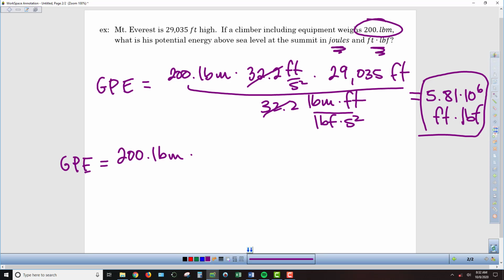If we convert that to kilograms, recall that 1 kilogram is the equivalent of 2.20 pound mass. And then we can use our acceleration due to gravity, 9.81 meters per second squared. And then we've got our height, which is in feet.